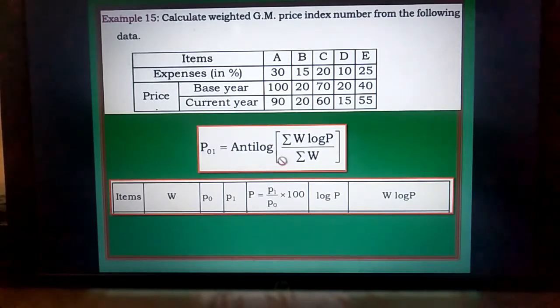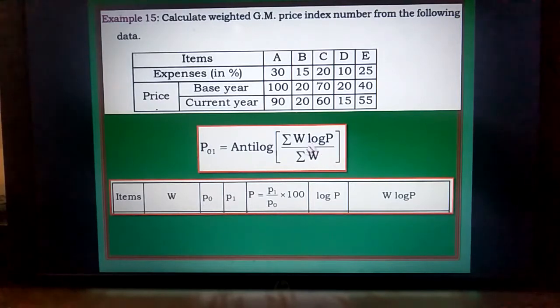So based on this formula, what all is required: you can see items are given already. So A, B, C, D and E. We will be writing A, B, C, D and E here in this column. And W is already given, correct? So W is the known part. And base year price P0, current year price P1, that is also given.